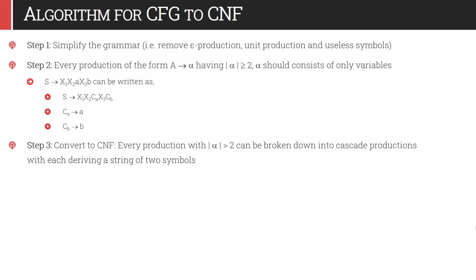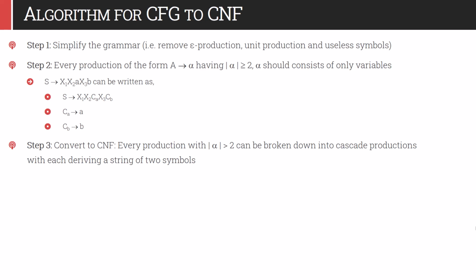We know from the previous slide that a grammar is in CNF only if the production is of the form A gives capital B capital C, that means there should be 2 non-terminals on the right hand side, or A gives small a, that means there should be exactly one terminal on the right hand side. If you look at capital S here, S contains 5 non-terminals, but as per the definition of CNF there could be only 2. So we will break down this production because it has length greater than 2.